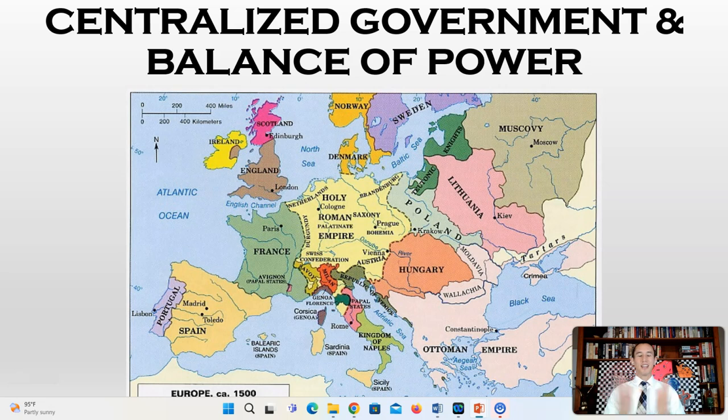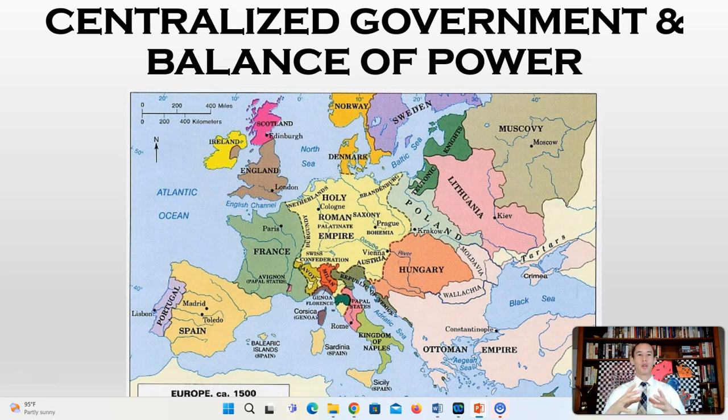This isn't to say taxation is good or bad. Try to get away from the idea that governments are good or bad, or taxation is good or bad. It is, how is it used? Is it used effectively? And so you start getting centralized governments that have the power to tax, and so they can create large standing armies.